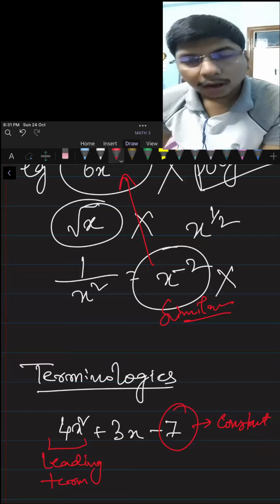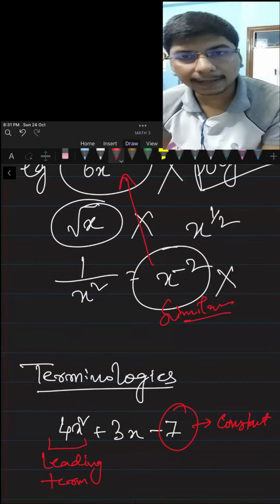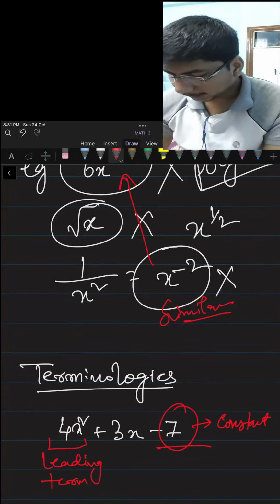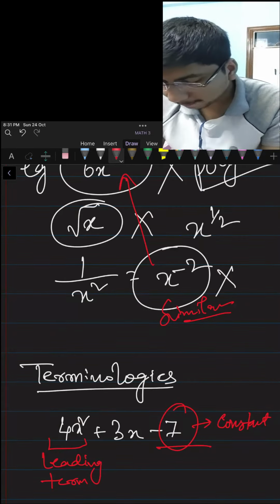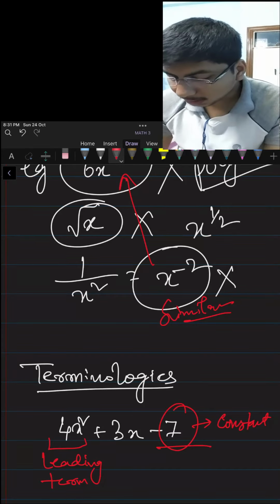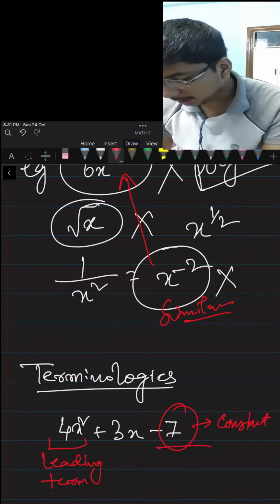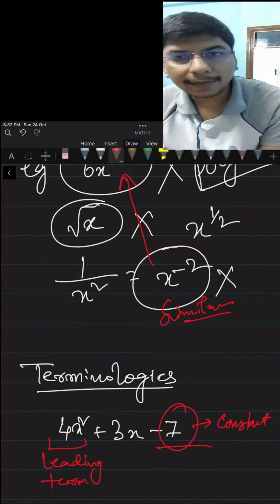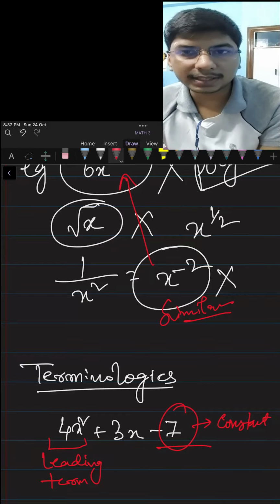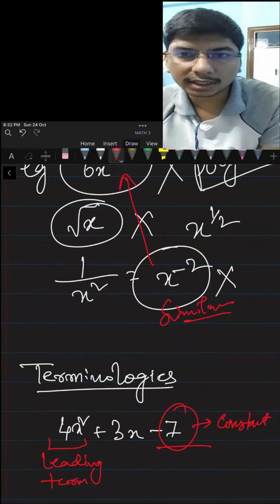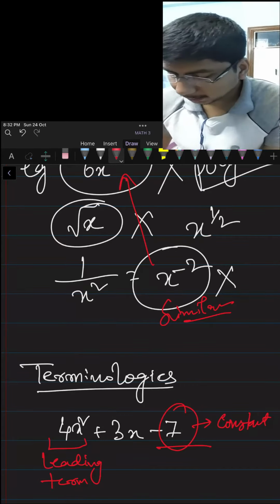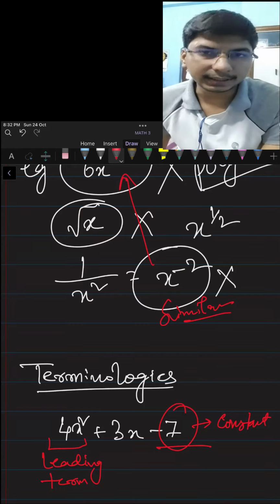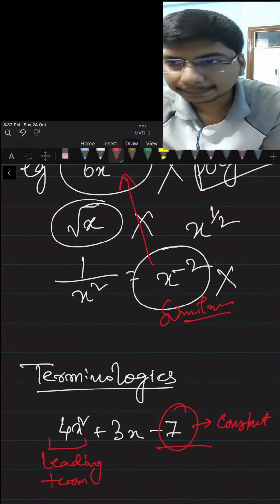Because here 7 is not representing any variable; x is a variable. The coefficients are 4, 3, and minus 7. With the 7, no x is present, so this is called a constant term. And the highest term, which is x square, is the leading term.